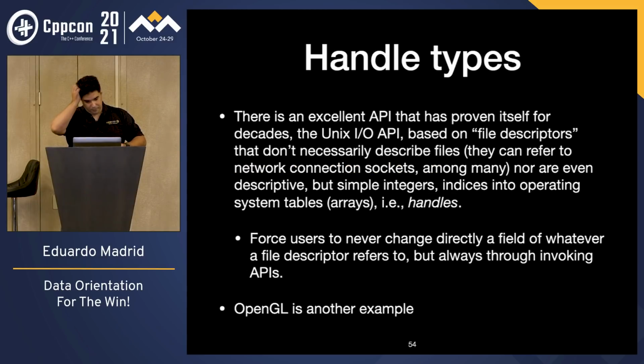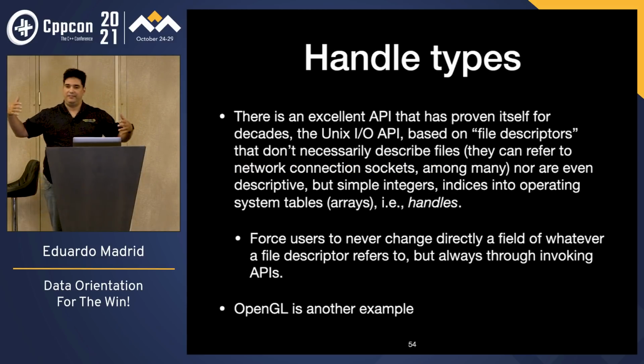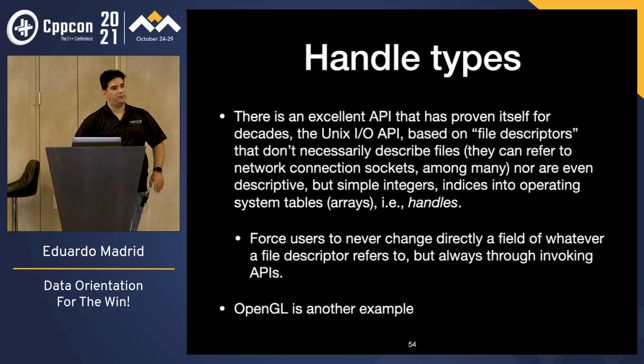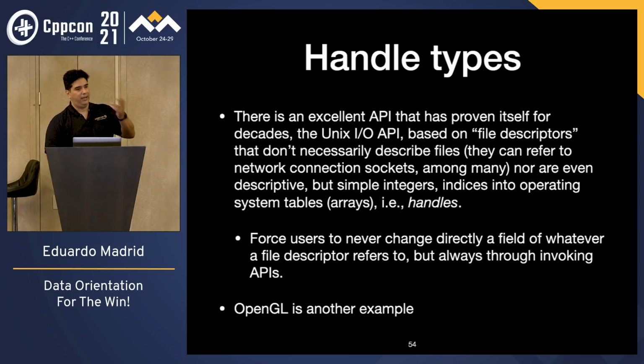Another thing that using handles prevents is that there is a lot of bad practice communication in our systems in which one object changes the state of another object, and that communication through mutation is just spaghetti. It is unaccountable, and it just leads to problems. So using handle types is a disincentive to do those things.